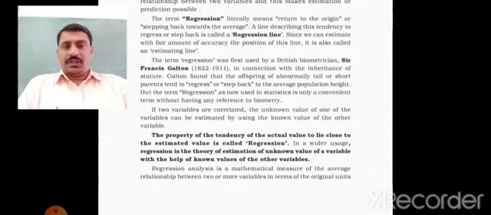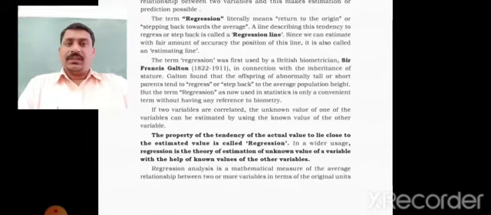If you plot the values on graph paper using the correlation, that is the average, we can estimate the other values: by considering the change in one variable, what would be the change in the other variable? We already drew a scatter diagram in the correlation chapter. Like that, if you draw a regression line, using that line we can say what would be the value for the other variable.